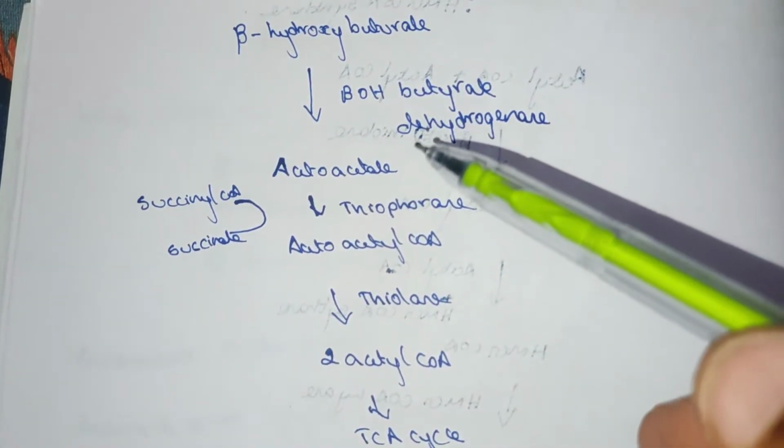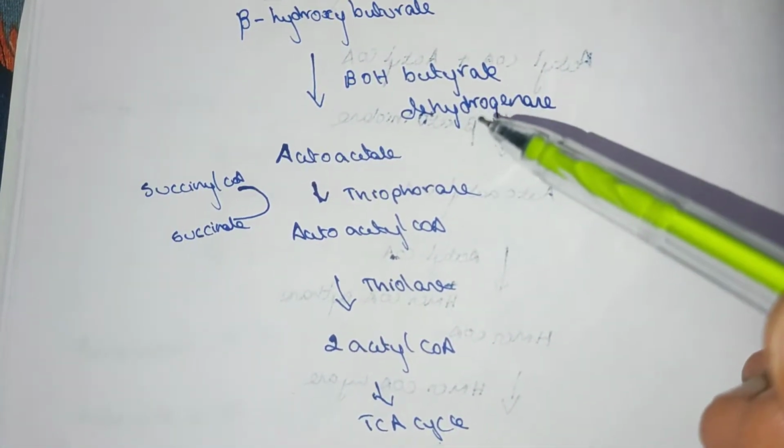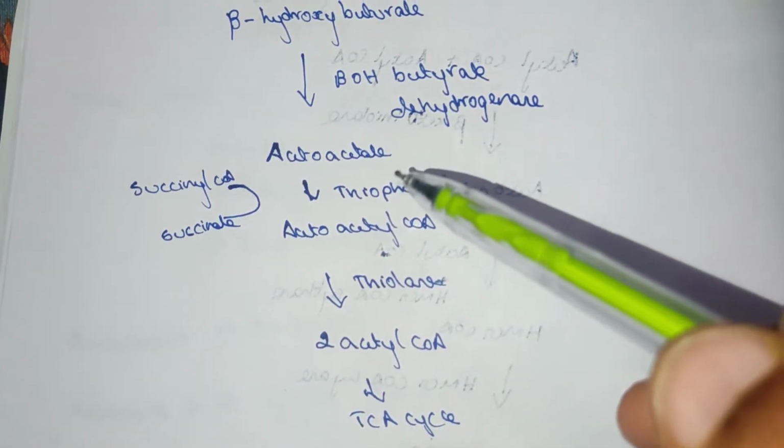Beta-hydroxybutyrate undergoes beta-hydroxybutyrate dehydrogenase to form acetoacetate.